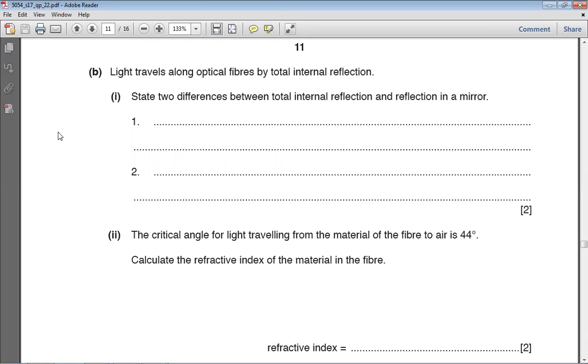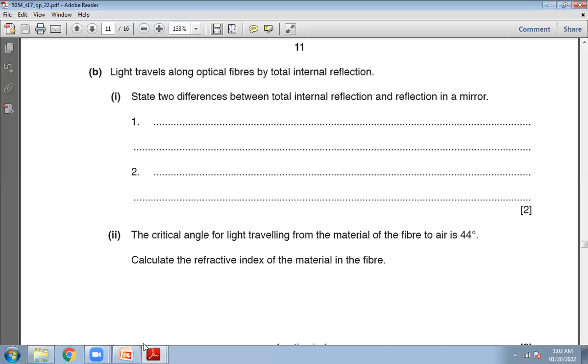In the reflection in the mirror, the light is traveling in the rare medium and is reflected from the surface of the dense medium. Whereas in total internal reflection, the light is traveling in a denser medium and is reflected from the boundary of a rare medium. So these are the differences. You only have to write two differences between the total internal reflection and the reflection in a mirror.